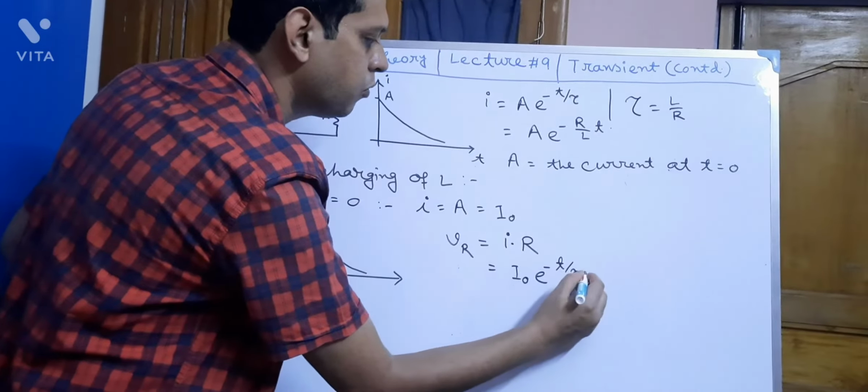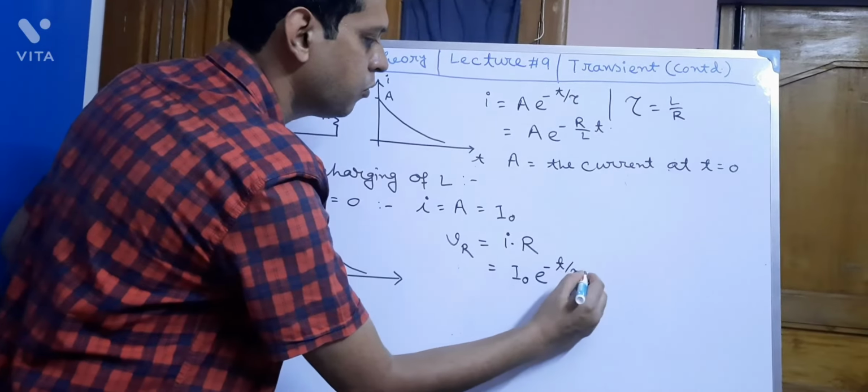Now another thing associated with this is the voltage across the inductor, VL. We will see how the voltage across the inductor behaves during discharging of the inductor. We know that VL equal to L di dt, and I equal to I0 e to the power minus t by tau.